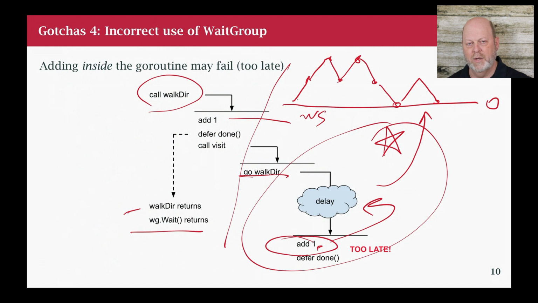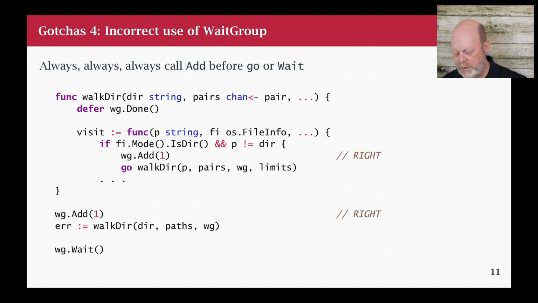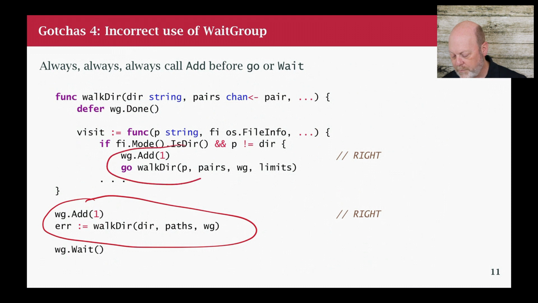This last delayed piece of work, I started a Goroutine and then I tried to add, and that add could happen after I've already returned to 0 and woken up the one who's waiting on the wait group. And so we won't wait for this last piece of work. So we need to always make sure that we do this the right way. We need to always, always, always add to the wait group before we start the unit of work.